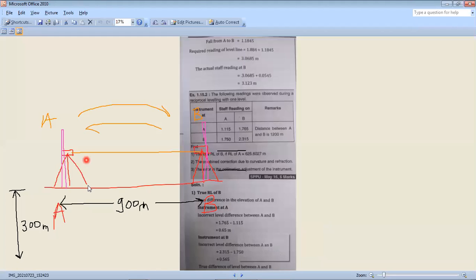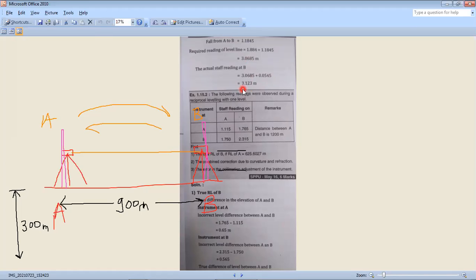Adding these three values, reading at A plus fall from A to B plus error of curvature and refraction, will give you the final value. First you have added the fall to the reading of A. Now after adding the error for curvature and refraction, 0.0545, you get the final value, which is 3.123, your actual staff reading at point B.